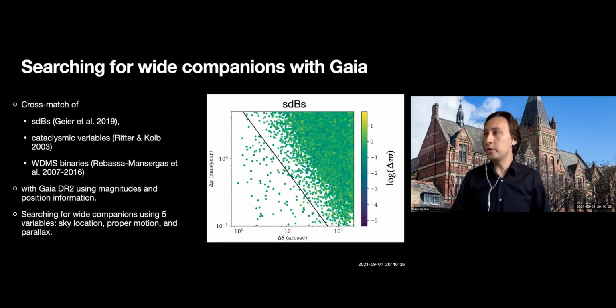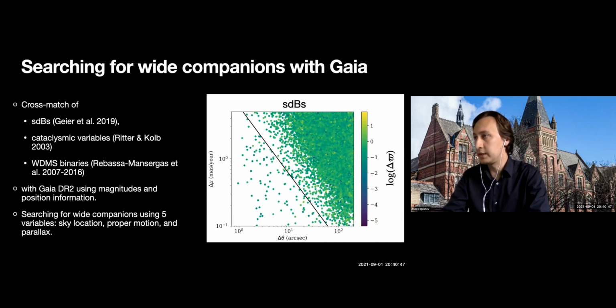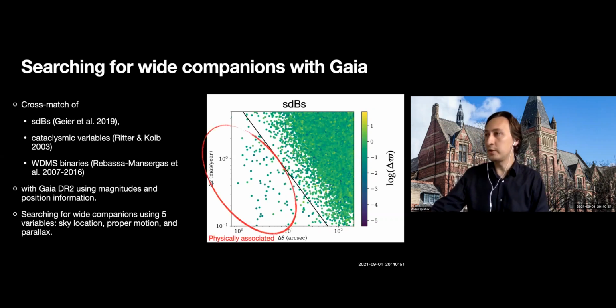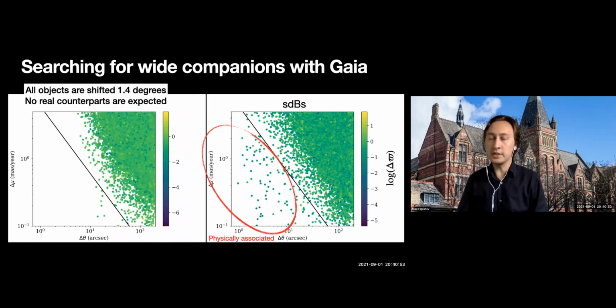So in this plot, which we use just for visual comparison purposes, potential companions to our post-common envelope subdwarf B stars are located in the lower left corner because they have a small difference in proper motion, a tiny difference in parallax, and they are located very close in the sky. So how do we know that they are physically associated?